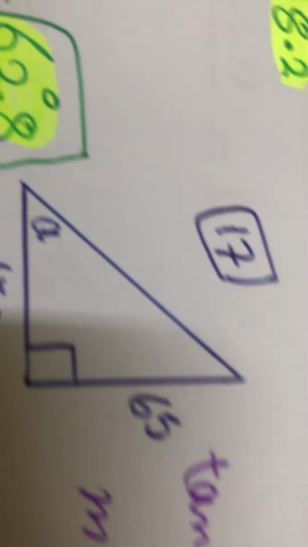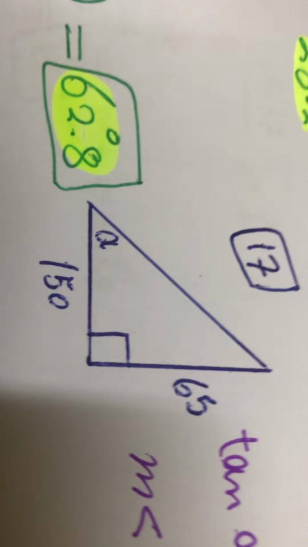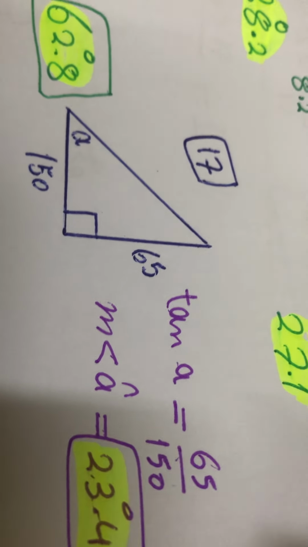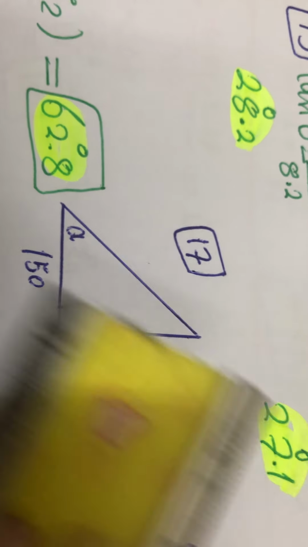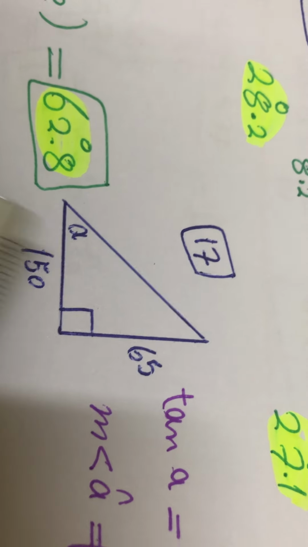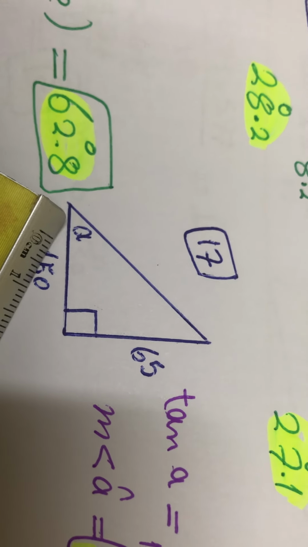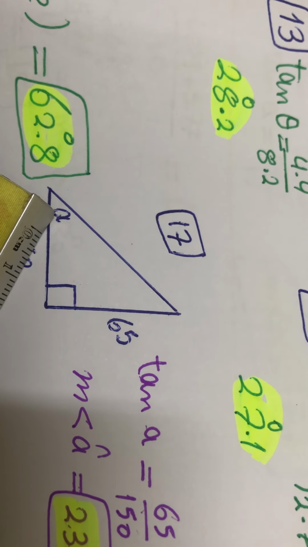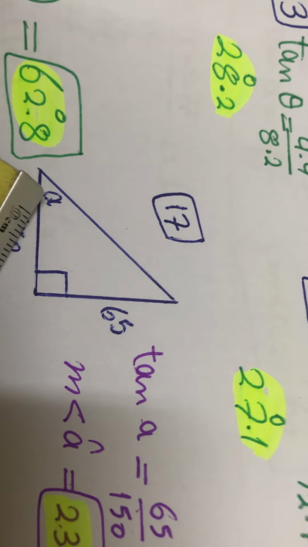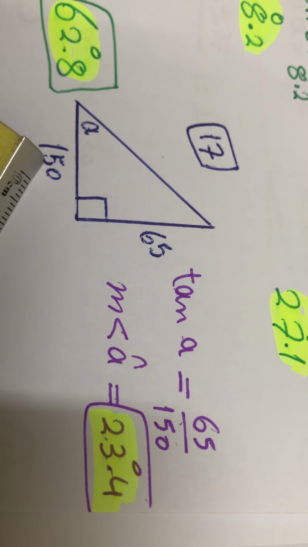To draw this problem, he said the height is 65. This is the height, the perpendicular line. This is the horizontal line and this is the angle of elevation, A. He asked for the measure of this angle, and the horizontal length is 150.